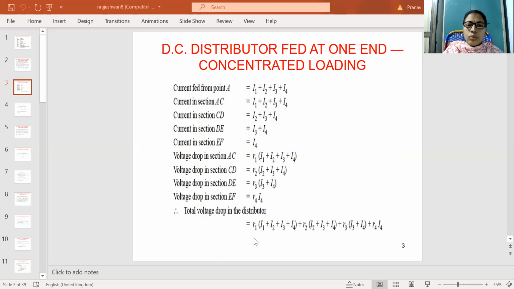This is the total voltage drop in the distributor at concentrated loading.